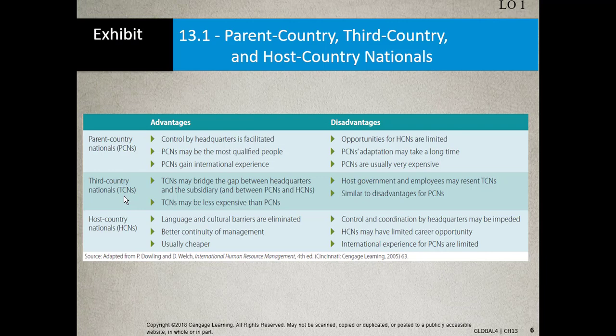And so this example may bridge the gap between headquarters and the subsidiary, and may be less expensive. However, host governments and employees may resent that person, and similar disadvantages as for parent country nationals, right?